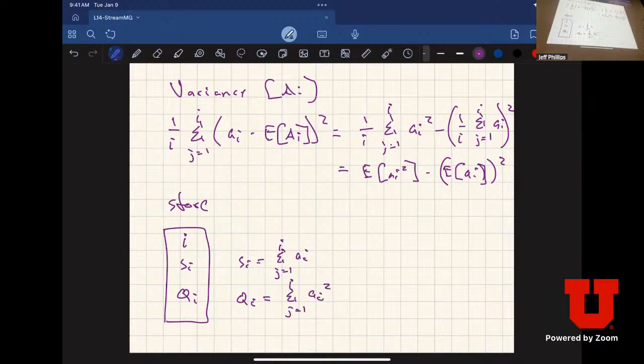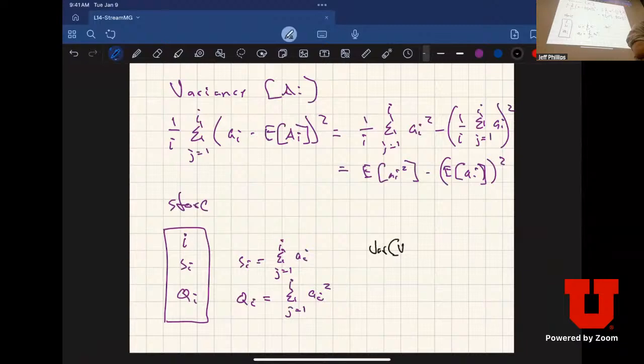Okay? And now if I store these three things, each of these is easy to maintain. This is just a counter. This is just a sum, and this is the sum of all the elements squared before I add them up.